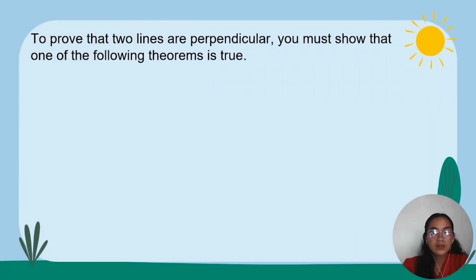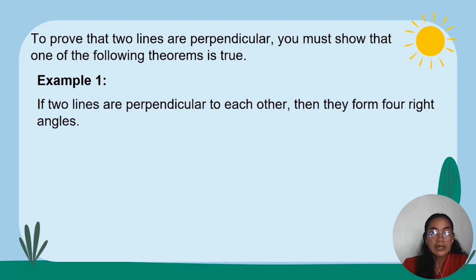To prove that two lines are perpendicular, you must show that one of the following theorems is true. Let's have the first example. If two lines are perpendicular to each other, then they form four right angles. Let's have an illustration.